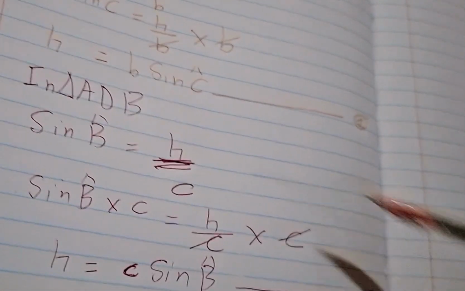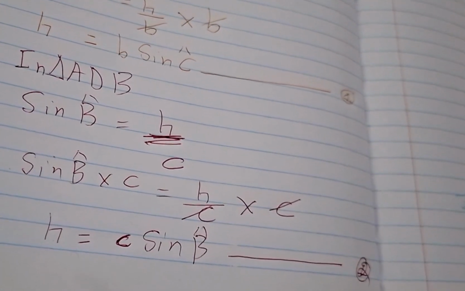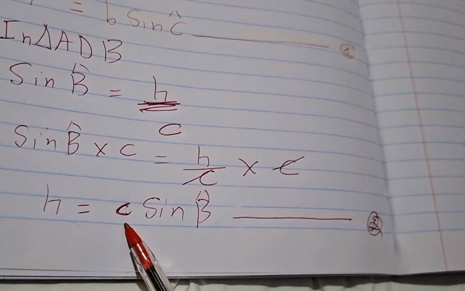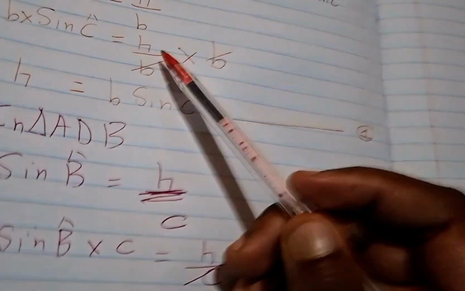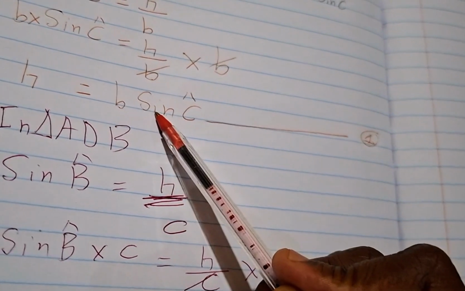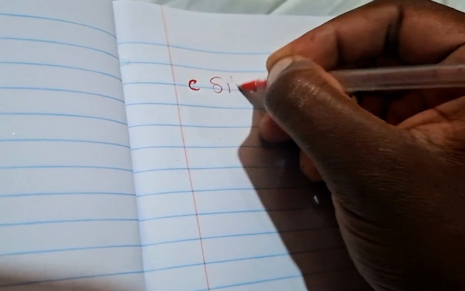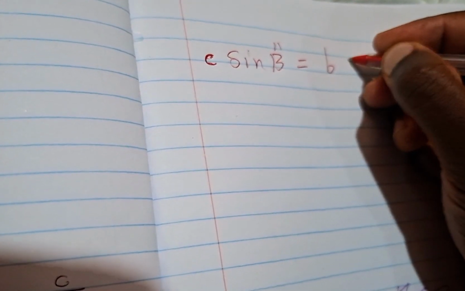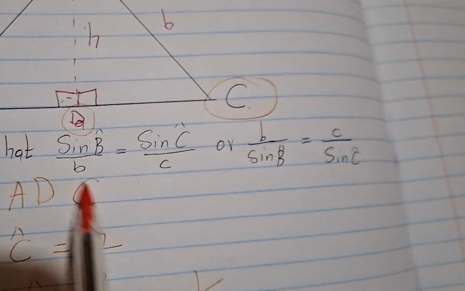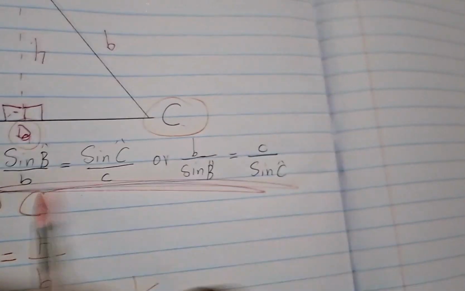Right. So if h and h are equal, we can say c sine B equals b sine C. So we write here, c sine angle B equals b sine angle C. And we are trying to prove one of these two parts.